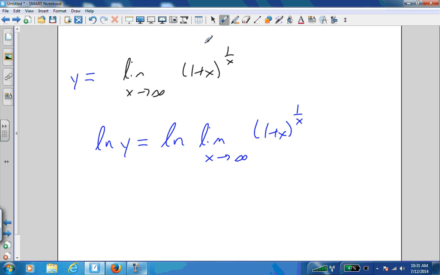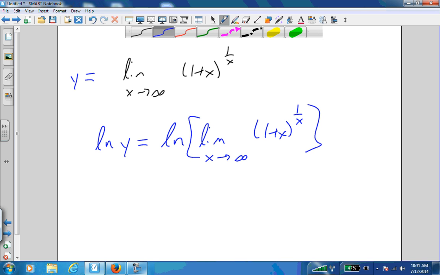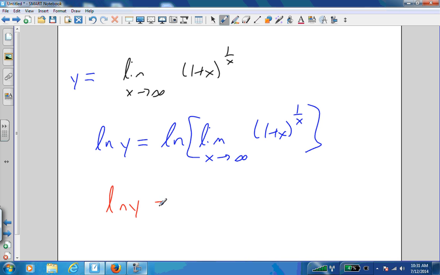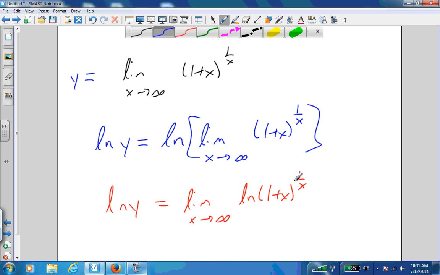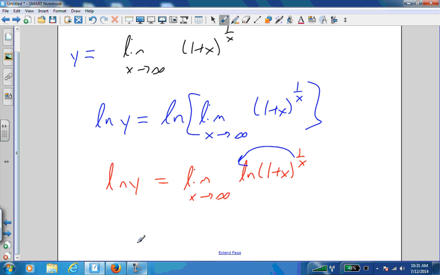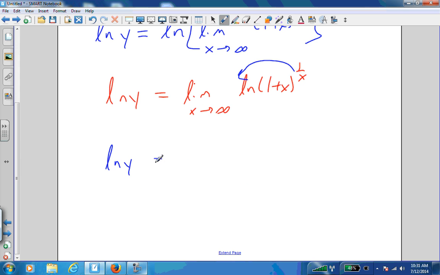It turns out, by various properties of limits, that we can move this natural log to the inside, and it's equivalent to the limit of whatever we get when we take the natural log of our function. Since we have the natural log of something to a power, we can bring the power down. So we have the limit as x goes to infinity of 1 over x times the natural log of 1 plus x.